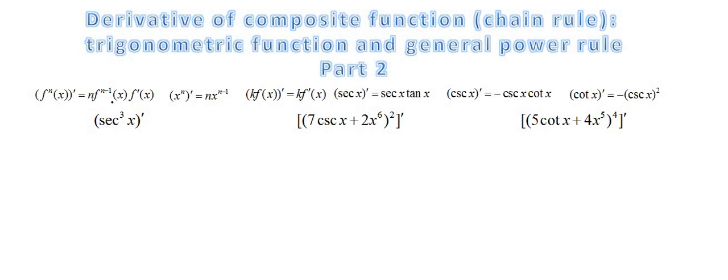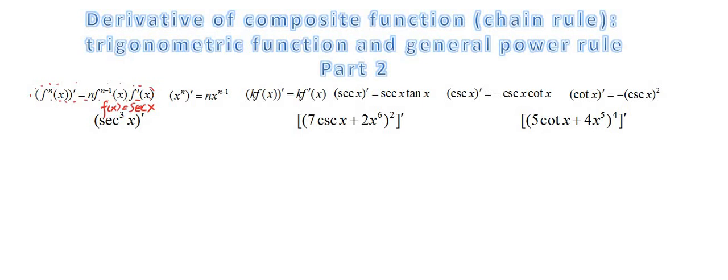First of all, if we want to apply this general power rule, we need to identify what f(x) is. For the first example, we can tell f(x) is secant x, and n is 3.